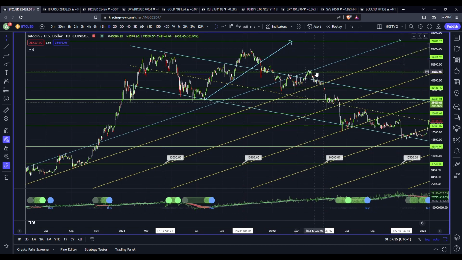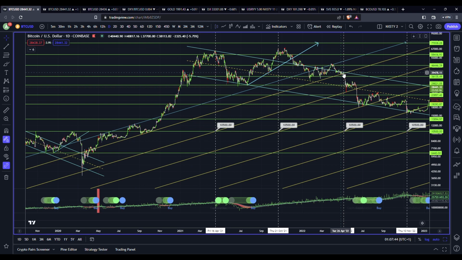So after rejecting the 46,000 level, we then got inside the channel again, couldn't find support, got rejected by the channel, got rejected by a major level of support from the beginning of the bull market, and just confirmed by breaking.